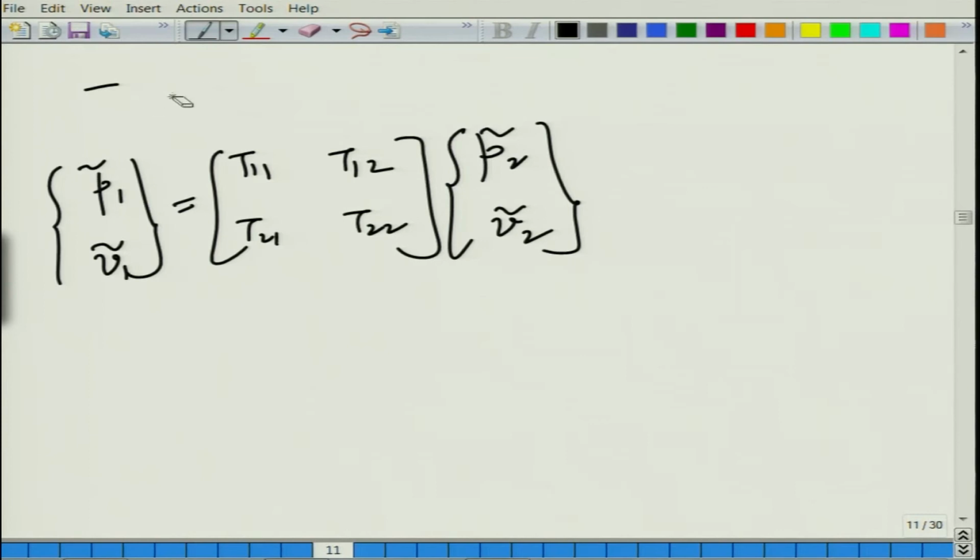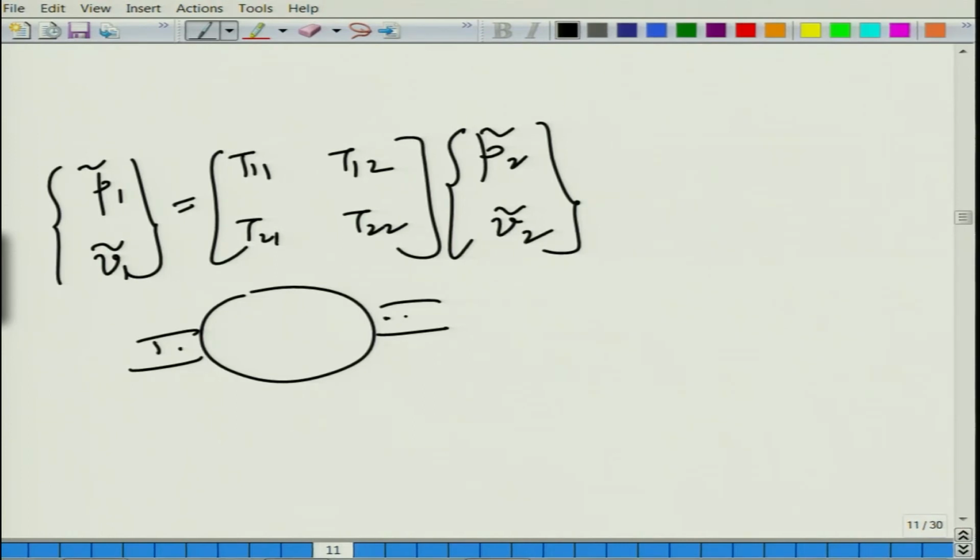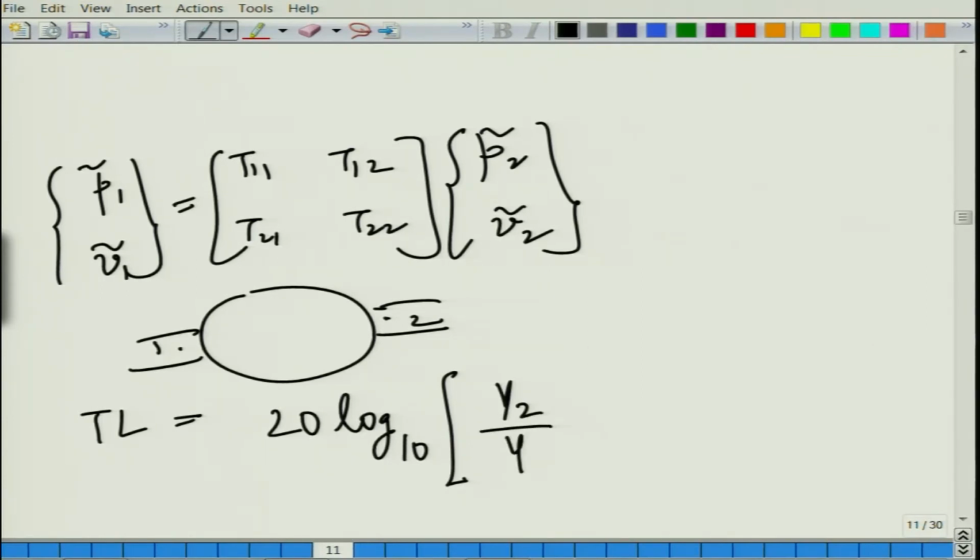So, if you have a system which is being characterized like this, I would say 1, 2, okay. The transmission loss then is given by TL is nothing but 20 times log 10, and your element, this can be your y2, y1 root over that.